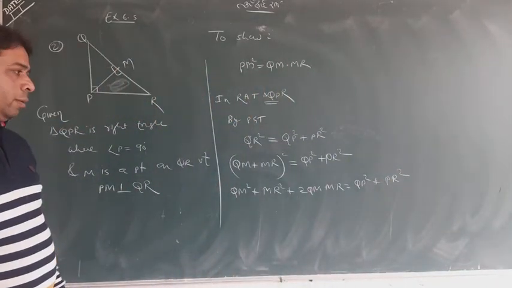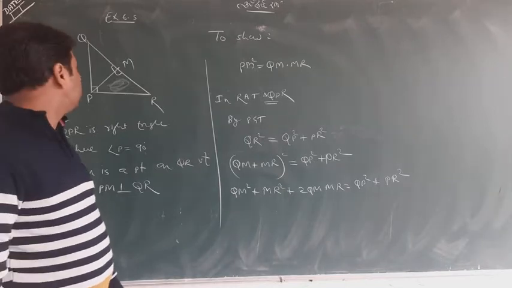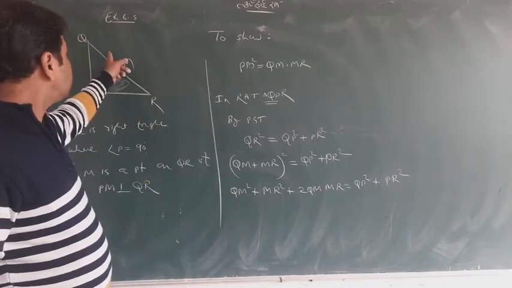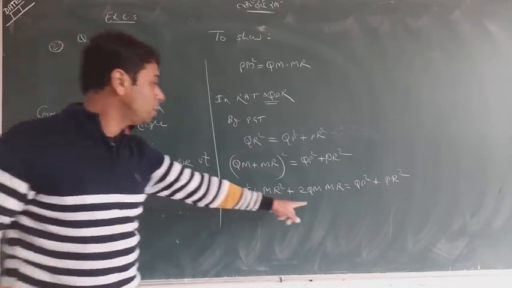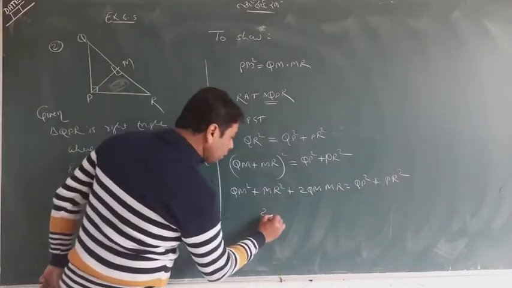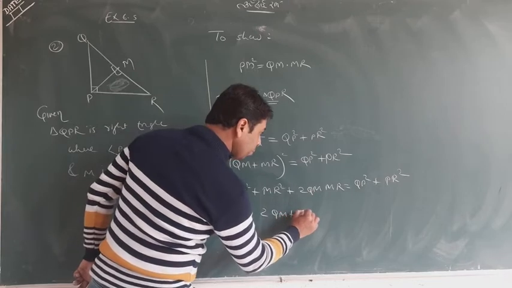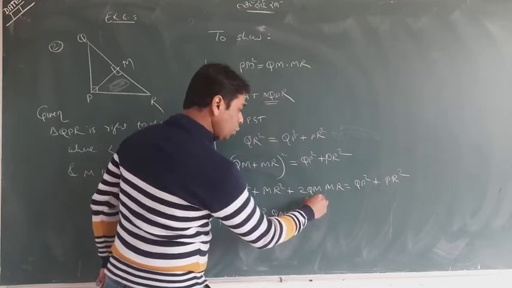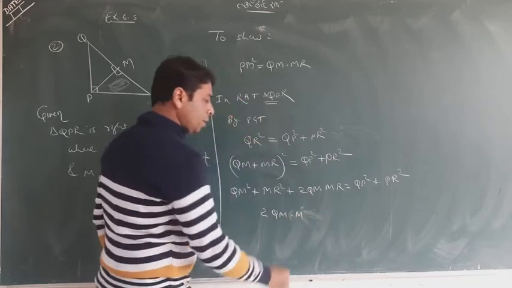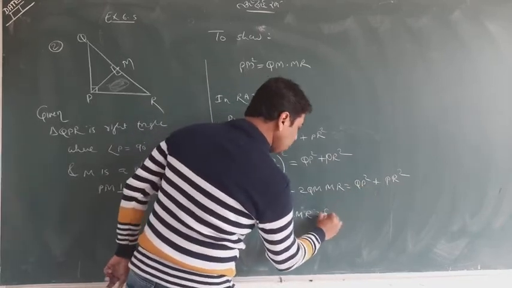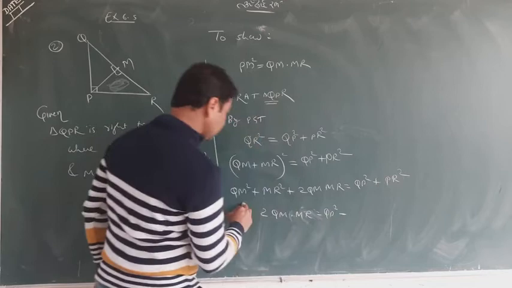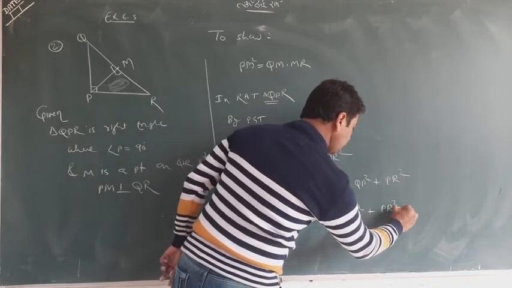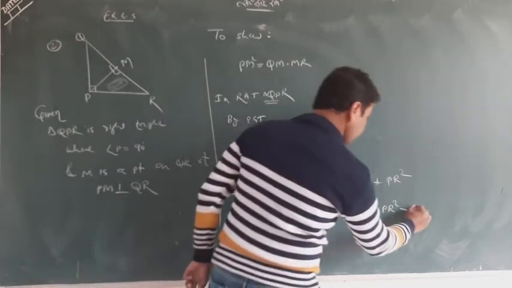That's fine. Now I'll go on to some other work. Can you see QM square? Here it is PQ square. This is PQ square. So I'll do something. 2QM MR is equal to QP square minus QM square plus PR square minus MR square.